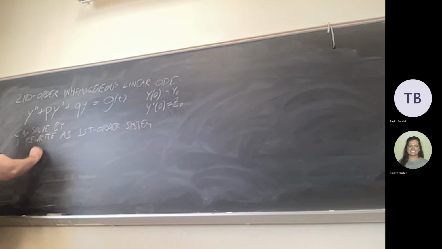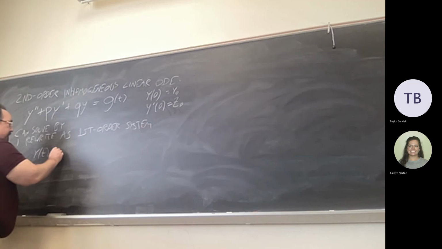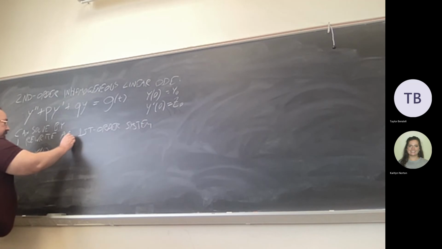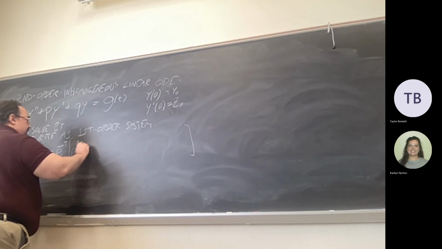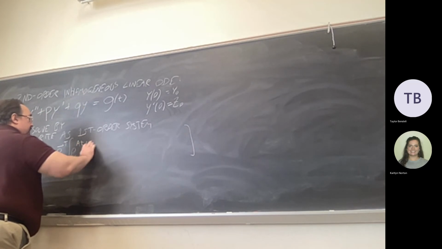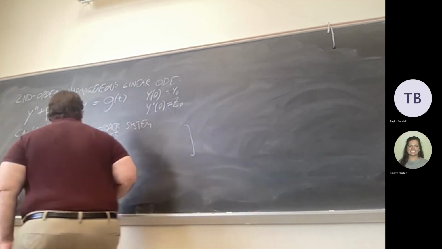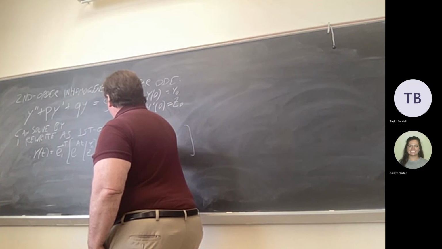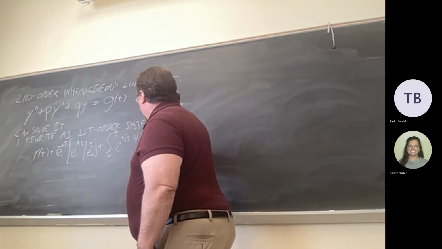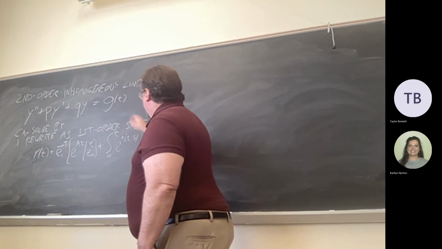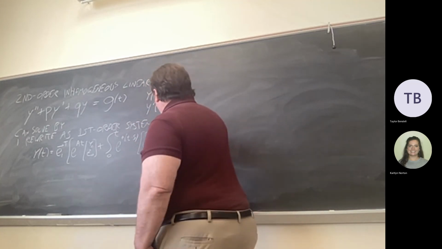So y of t is equal to the first component of this expression: e to the A t times the vector of initial values, plus the integral of e to the A times (t minus s) times the source term of our linear system, which is a vector with 0 as the first entry and g of t as the second entry, ds.